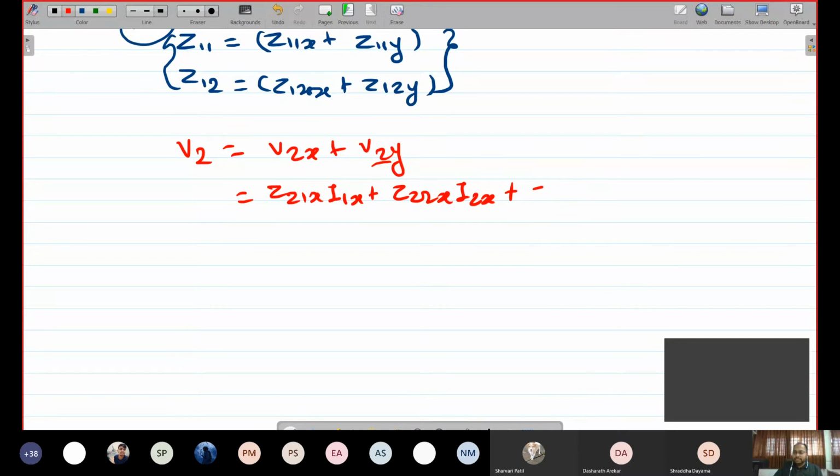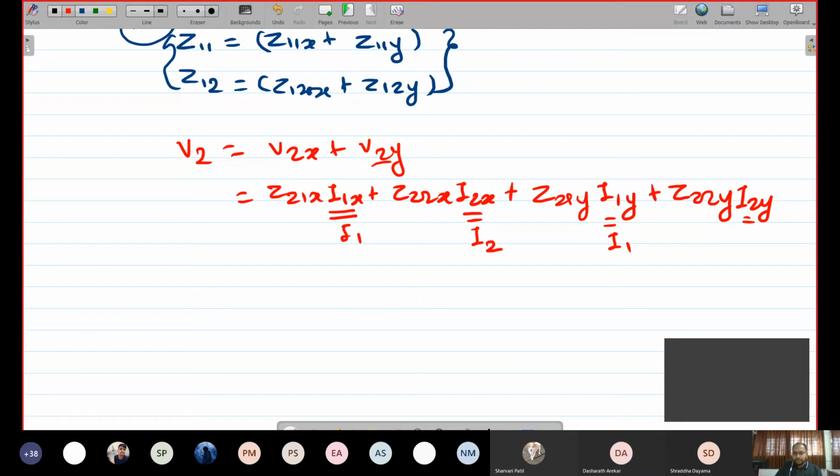V2y is nothing but Z21y I1y plus Z22y I2y. In a similar way, here you are going to replace I1x and I1y as I1, and I2x and I2y you are going to replace as I2. This is from equation number 1.